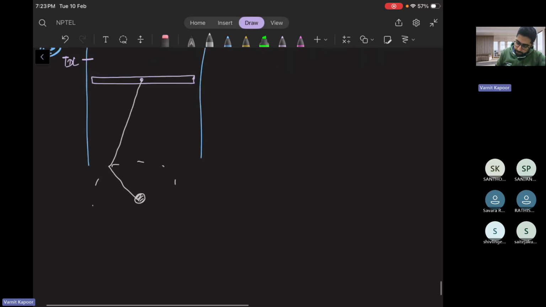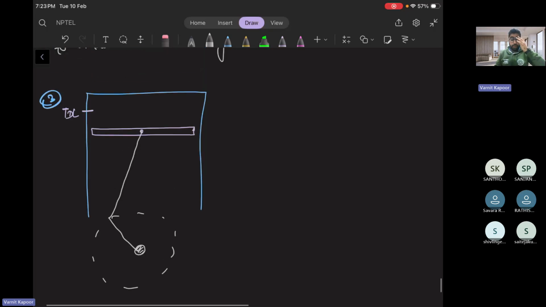These are moving in circular motion. Let us say this is a position A, and it is going from A to TDC. At this position A itself, the exhaust valve will open.